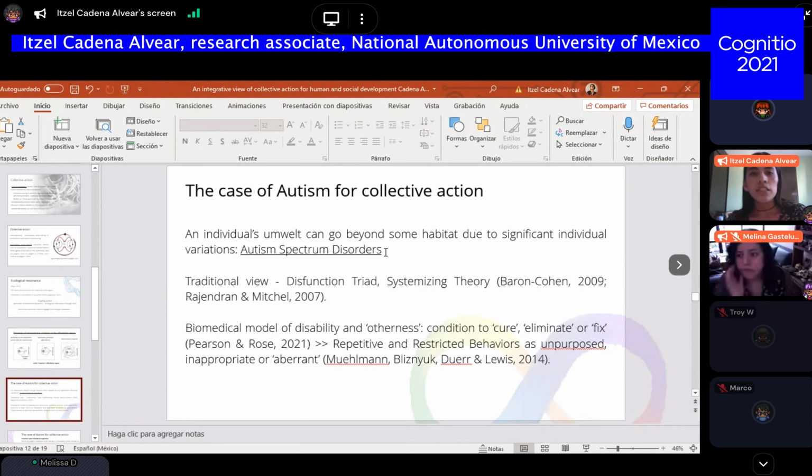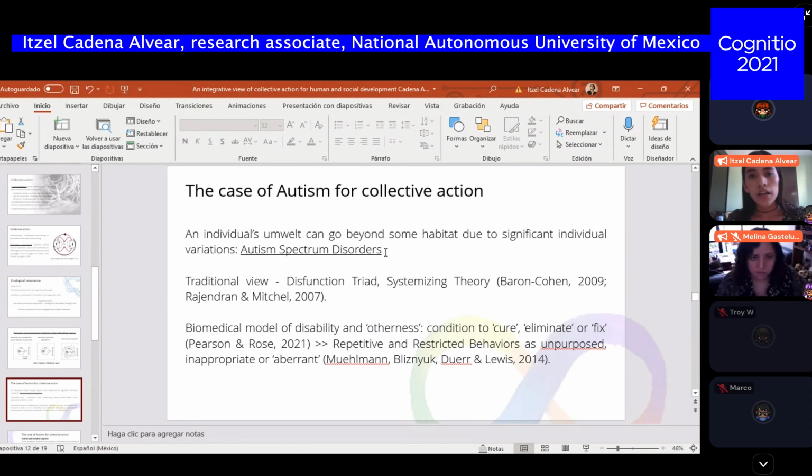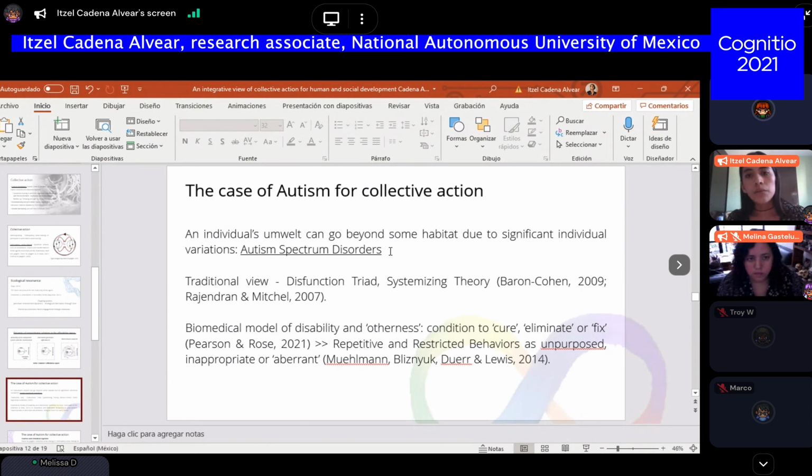Also hypersensitivity in different sensory modalities, and they also present different kinds of affectivities towards other agents, and they can also present delays in the language. And they have differentiated communication towards other people.